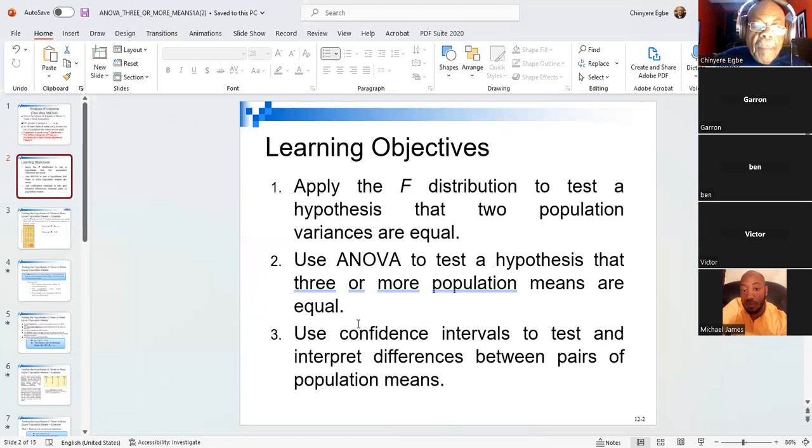All right, so now once we do a test of hypothesis, if we reject the null hypothesis, then we have to find out which of the various populations, which 2 are not the same.